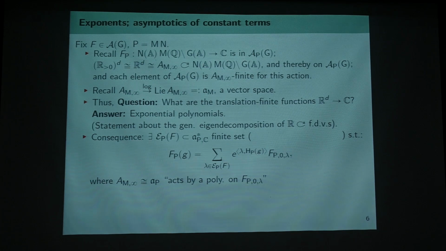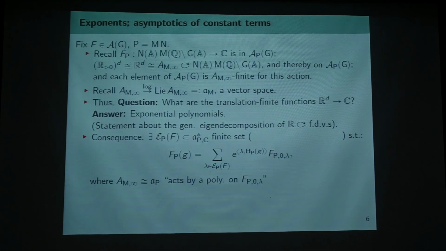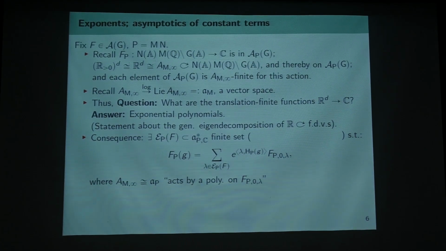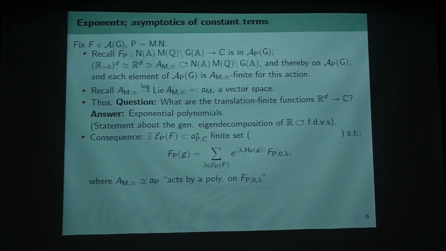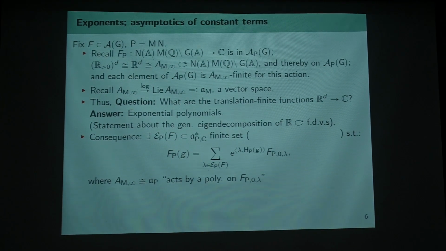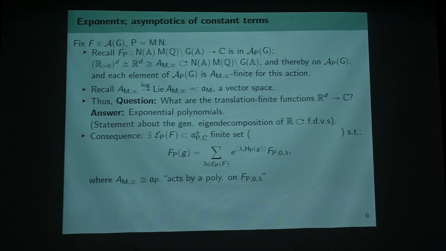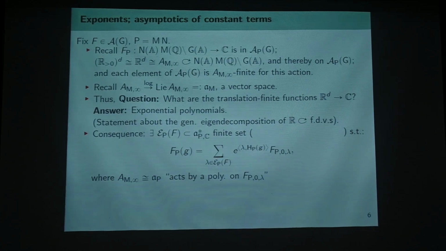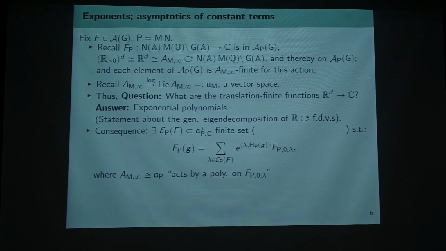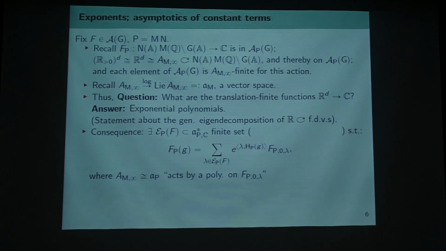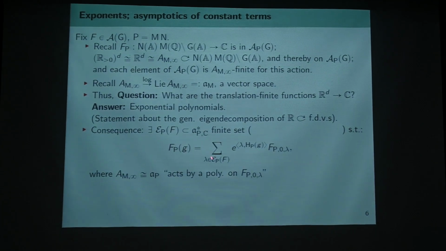No, I think it's a polynomial, right? It will be like y raised to s times log of y. Yeah. I mean, anyway, you are studying it as a function on A_P, so the growth is polynomial, right? Yeah. Okay. So yeah.